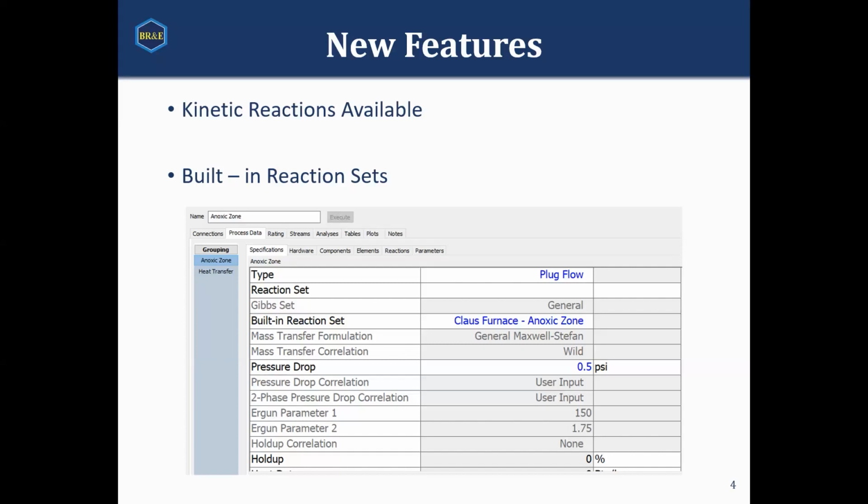On the screen, there is a screen grab where we are working with a plug flow reactor type. So we're no longer working with Gibbs. We're mainly going to be working with a plug flow reactor type. And our built-in reaction set will be a Claus furnace anoxic zone. So that'll be modeling the anoxic zone of the Claus furnace.